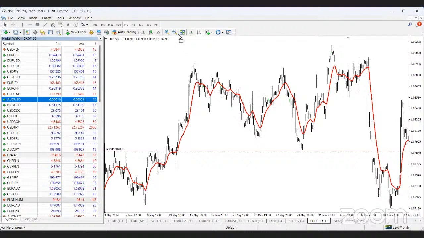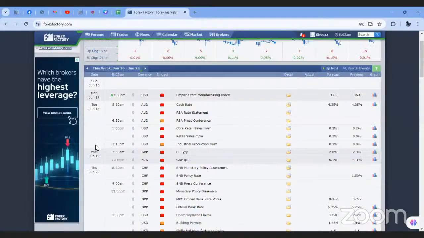That said, now that you know what to trade at that 5:30, you can come back to, let me share Forex Factory, and come here by 5:30 p.m. to 5:30 a.m. tomorrow, and wait for this news to break. Of course, this cash rate is currently at around 4.35.